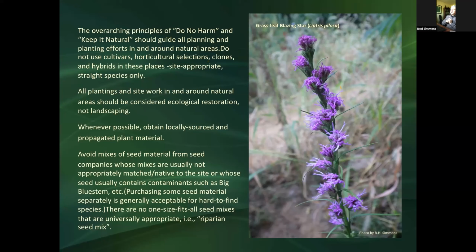And so unfortunately what happens is people think they're planting a native plant, and they're not. They're planting Liatris spicata all over the place, like, for instance, Williamsburg. That's not native at all to the Williamsburg area, but that's likely what's planted there when folks are looking for a so-called native blazing star. And that's a big problem because it basically pollutes and degrades the landscape, because it'll start seeding around and change the landscape.